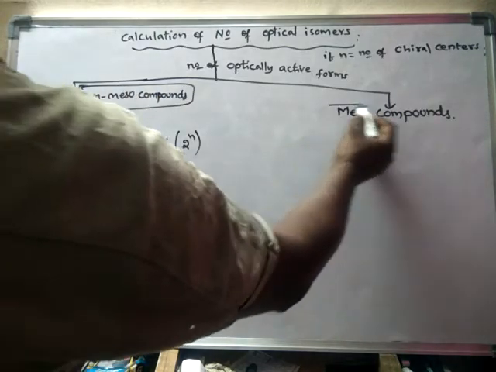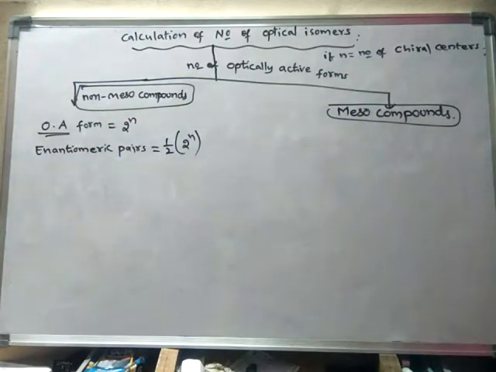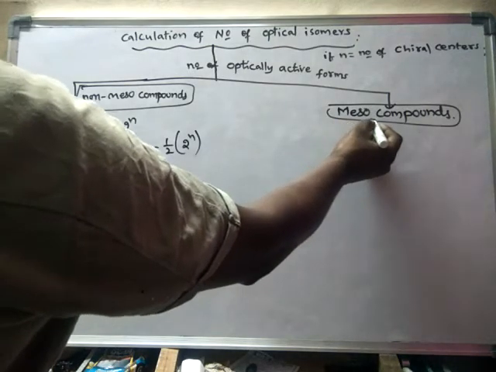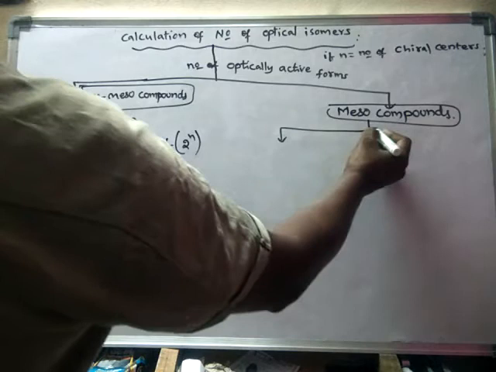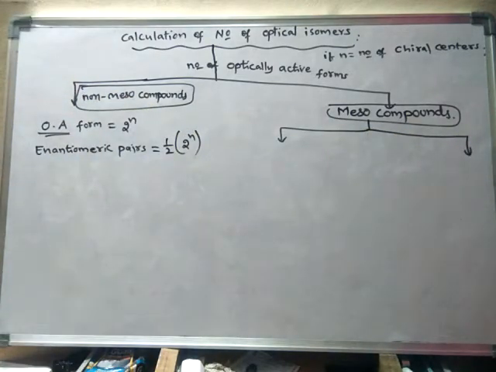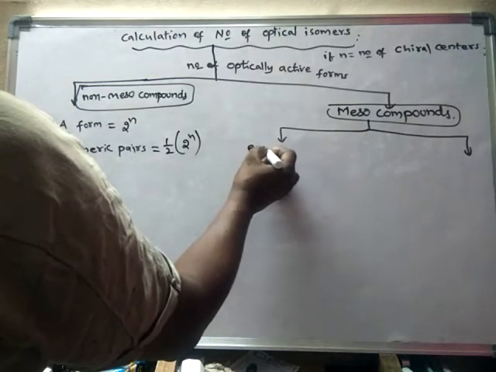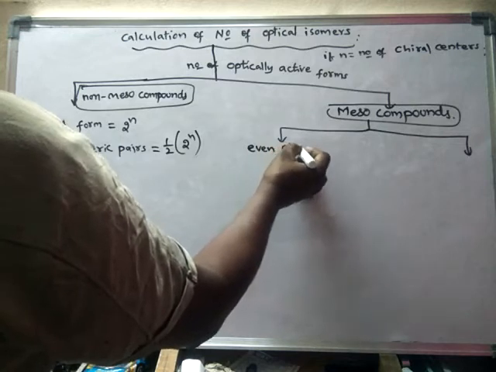If it is a meso compound, how can we calculate the number of enantiomeric pairs? Here also there are meso compounds with an even number of chiral centers and meso compounds with an odd number of chiral centers.